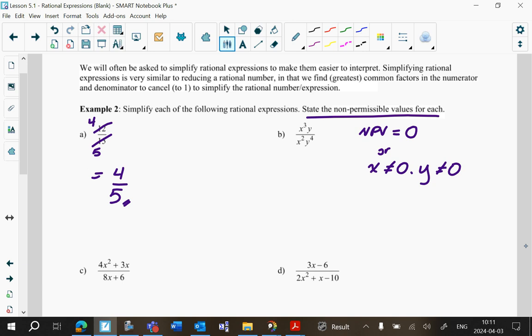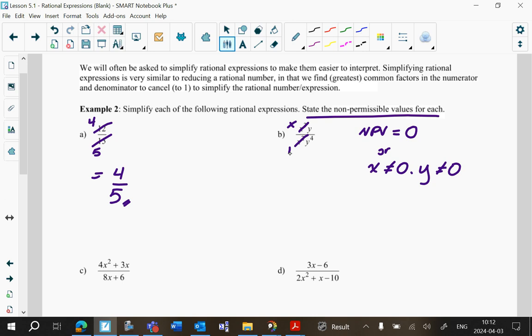Look at the x's. How many x's could I take out of the top and bottom? 2. So I could take an x squared out of this. What would be left? There's still an x. If I took x squared out of x squared, 1's left. So I reduced the x's like so. How many y's could I take out?